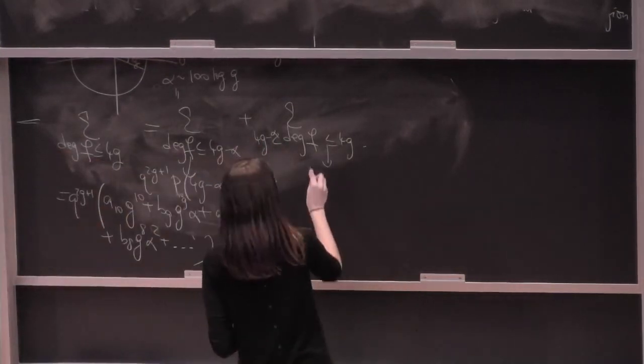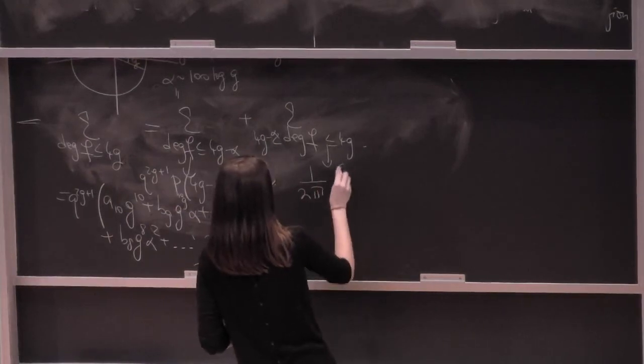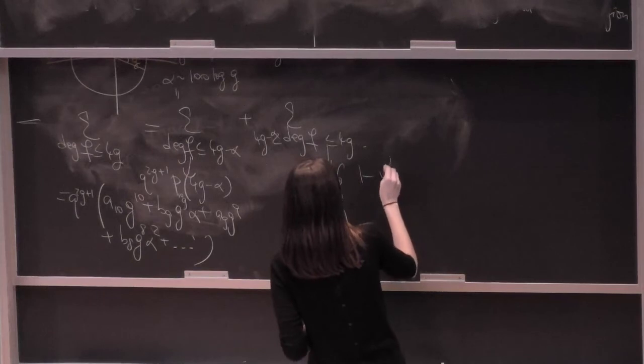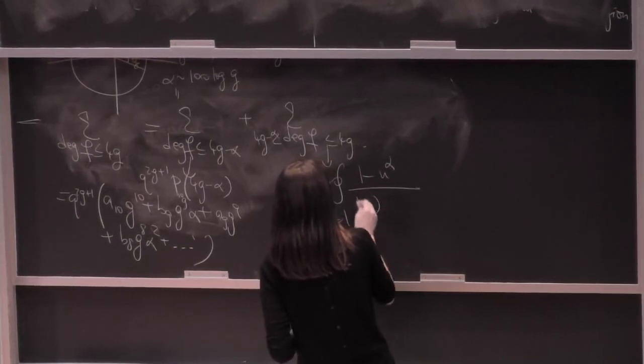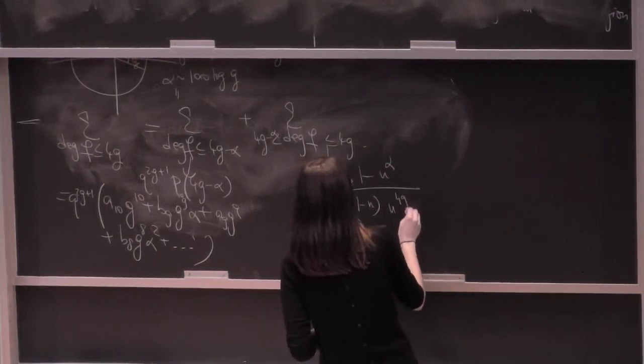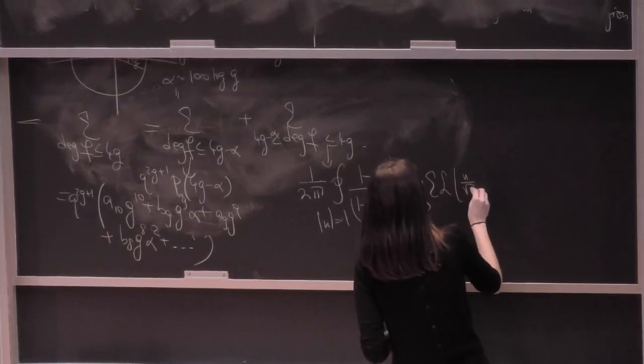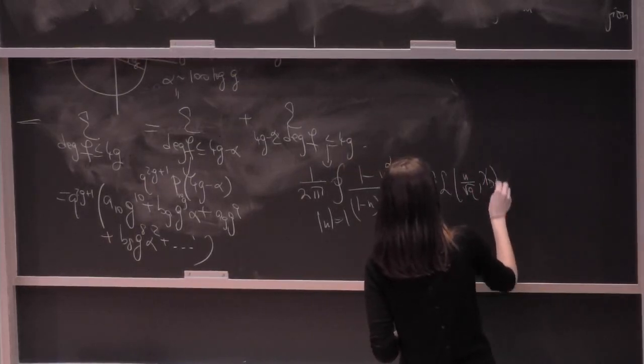So if I use Perron's formula, this will just be a contour integral of 1 minus u to the alpha over 1 minus u times u to the 4g. And now I have a shifted moment, L of u over square root of q, chi d to the 4.